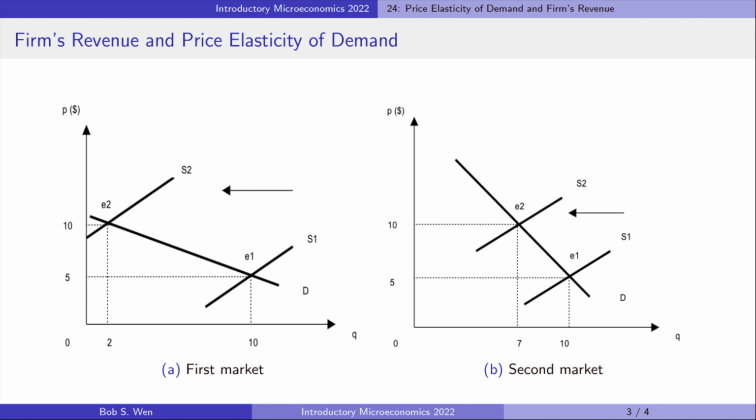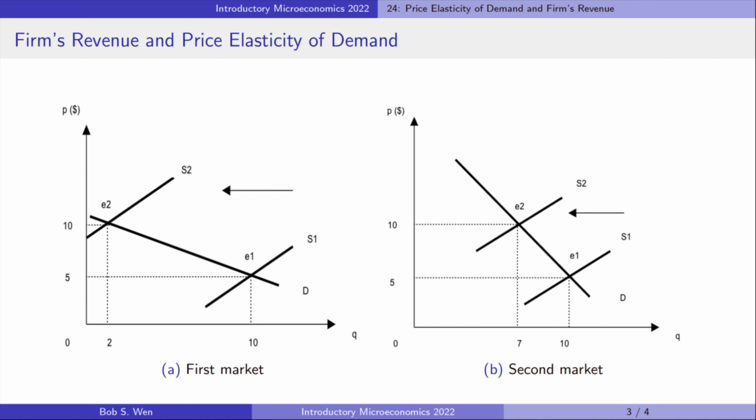The demand curve for the first market is flatter. It implies that the demand is price elastic. A small price change causes a large change in the quantity demanded. A price increase leads to a decrease in the revenue earned by the seller.